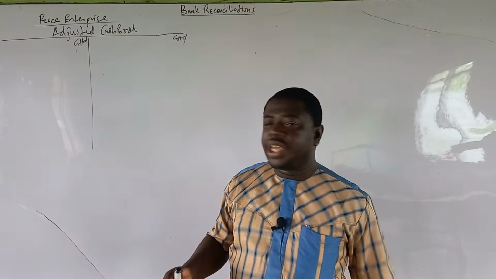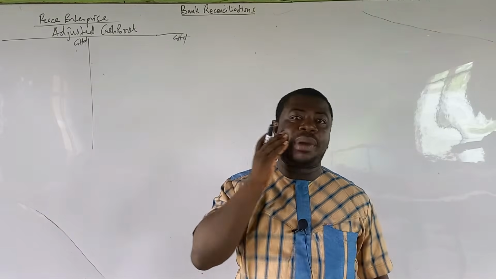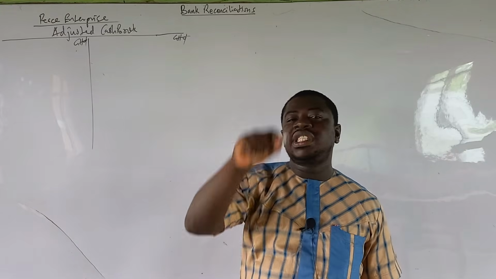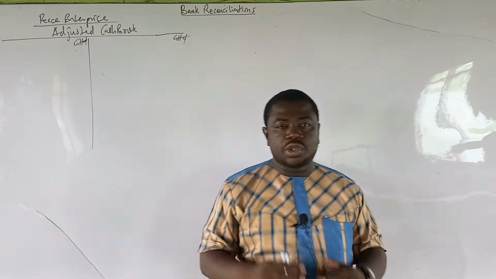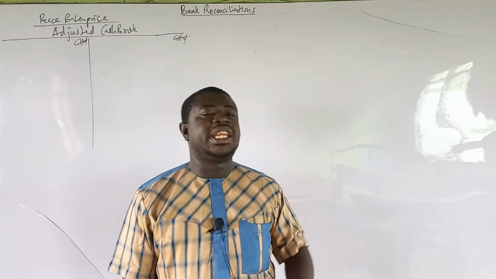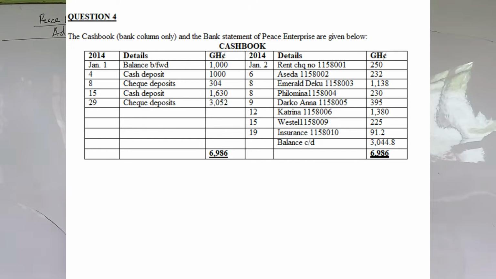And so we are going to begin the adjusted cash book with the balance brought forward, which is the closing balance of the original cash book. Please take note. Here, some students make mistakes. You are not going to pick the balance brought forward in the cash book, which is the 1,000. Look at it. No. We are rather going to pick the closing balance of the cash book to begin the adjusted cash book, not the original opening balance.